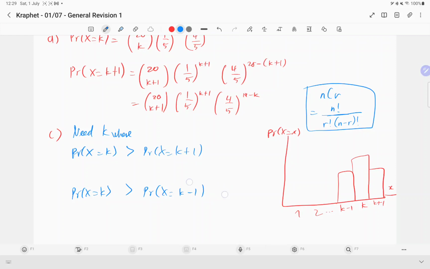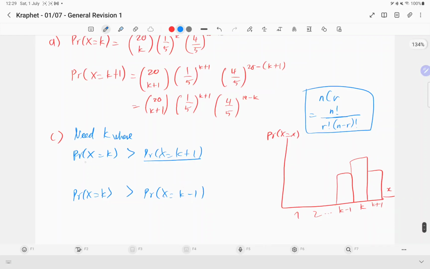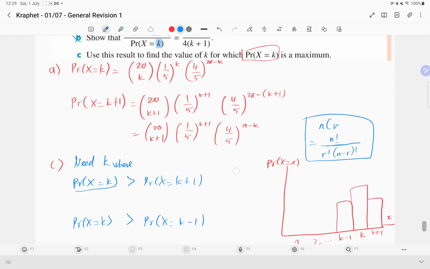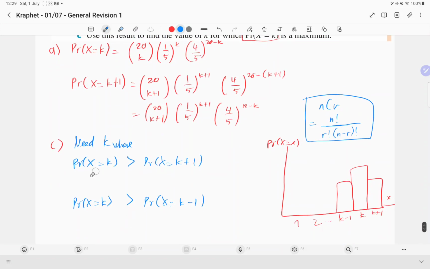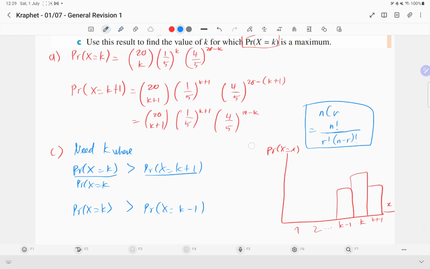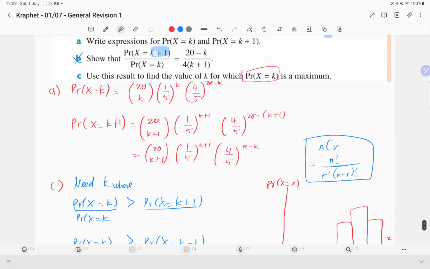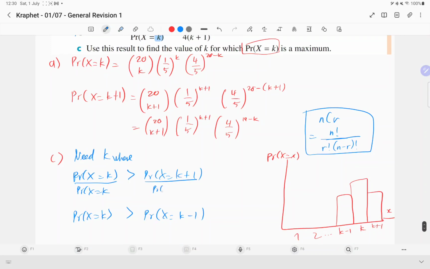Yeah. Now if I divide both of this by, let's see. Oh, actually the first one I will divide both sides by PR x equals K. Why? See the formula is K plus 1 on top and K at the bottom. Right? So divide by PR x equals K to get that formula there. Right?